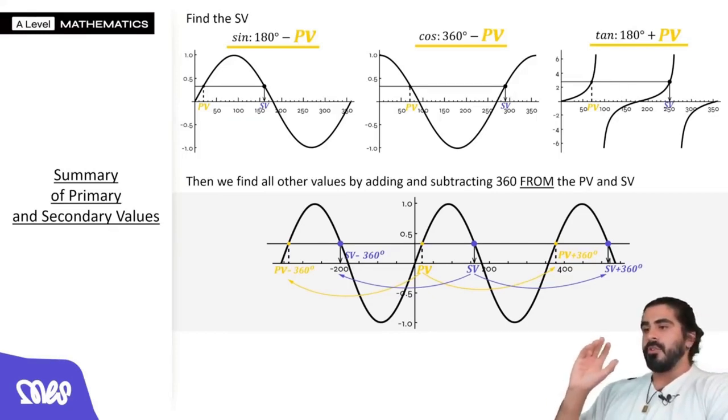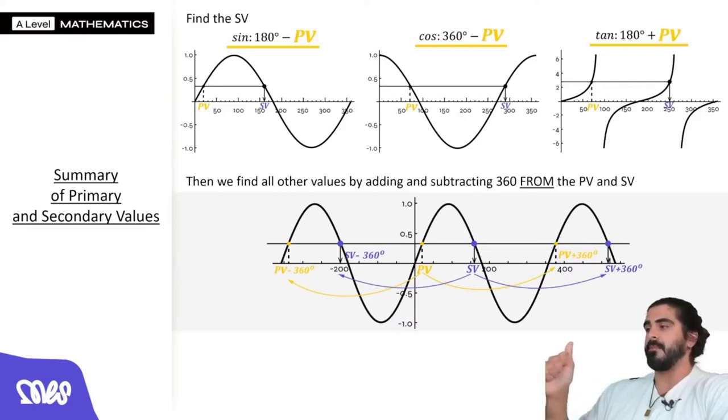If I'm marking your exams as an Edexcel examiner, all I want to see, when I give you a question, is you do either inverse sine, inverse cos, or inverse tan. That gives you your primary value. It doesn't matter whether the function is positive or negative. Yeah, that's your primary value.